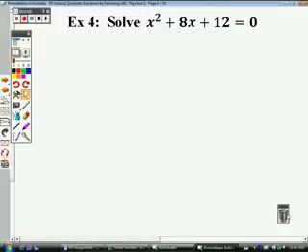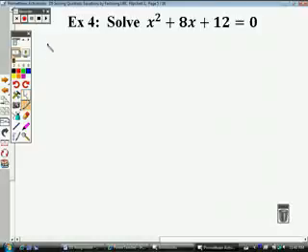Y'all fill in that blank. I bet y'all know what method we're going to solve this. That's right. Trial and error on this one.